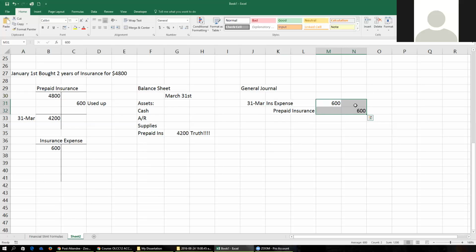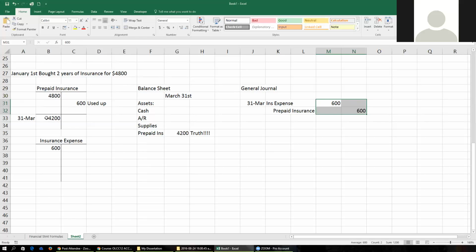Sometimes they'll just give it to you in the problem, and sometimes, like this one, we needed to say 2 years worth of insurance, $4,800, that's $200 a month, and I've used January, February, March, okay, $600. So I had to do a little math to find that. Sometimes you're going to have to do a little math, sometimes it's just going to be given to you.